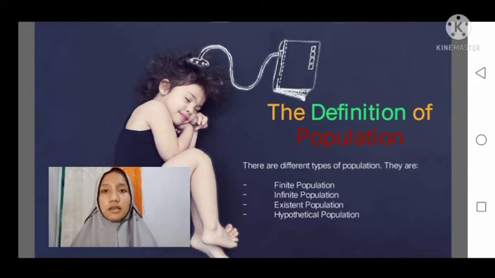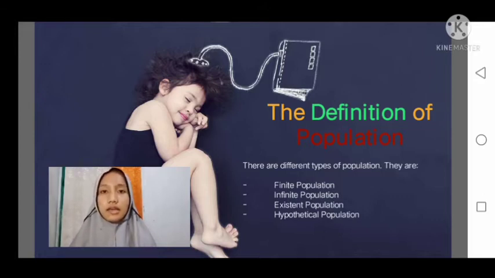For statistical analysis, the finite population is more advantageous than the infinite population. Examples of finite populations are employees of a company, potential consumer in a market.